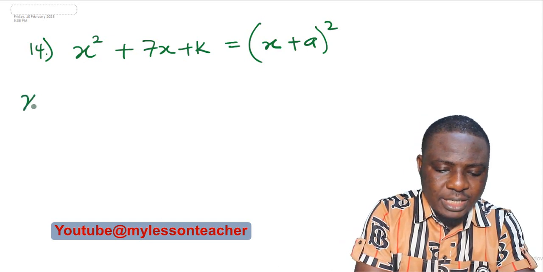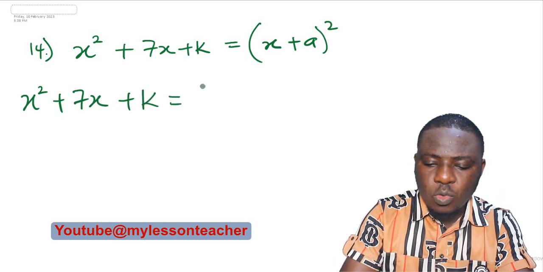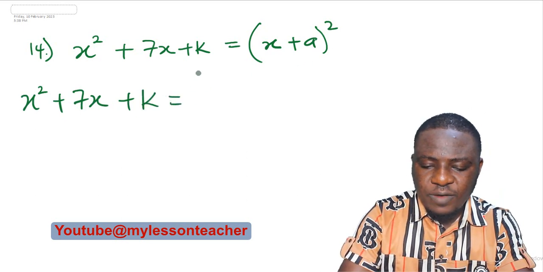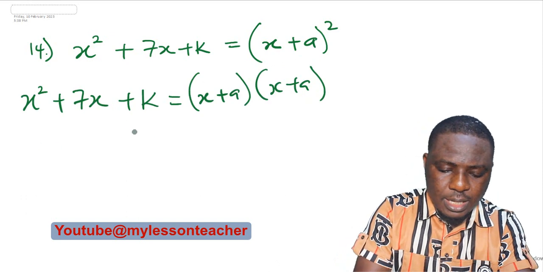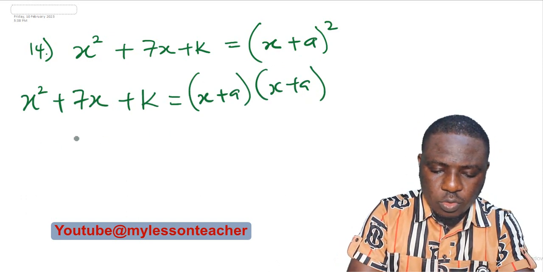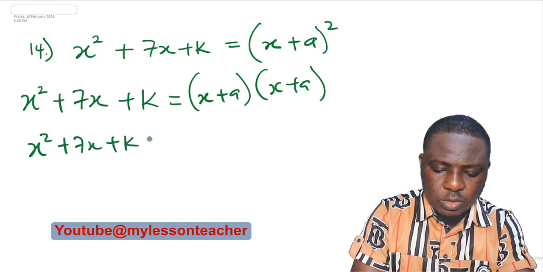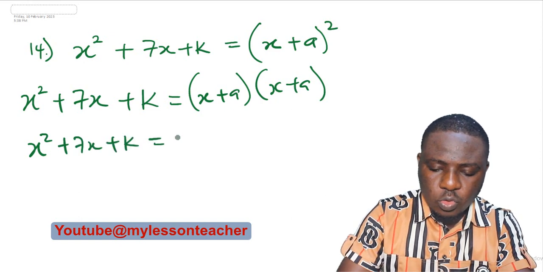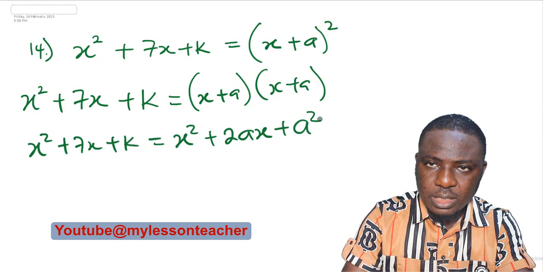So simplifying this becomes x squared plus 7x plus k to be equal to, when you simplify this, you have x plus a into x plus a, which gives you x squared plus 2ax plus a squared.